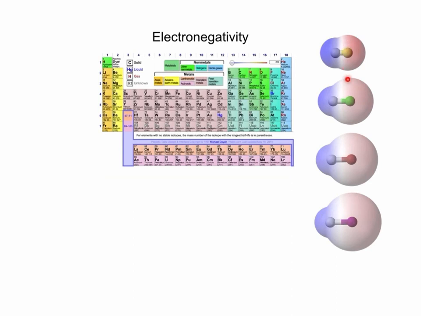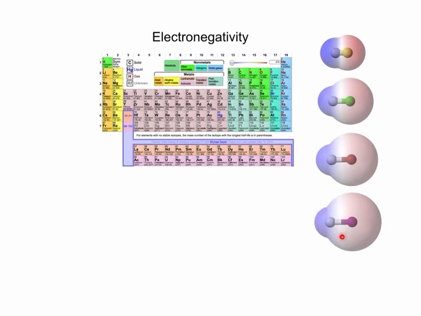Here are several pictures of the electrons around an element. The larger the red area is, the more it shows you where the electrons tend to be. If we look at this picture, the electrons are more likely to be found towards the yellow atom than the blue atom. Down here, there's a big difference in electronegativity.